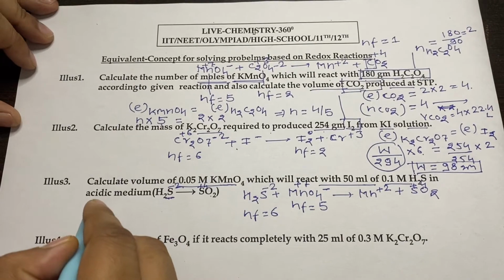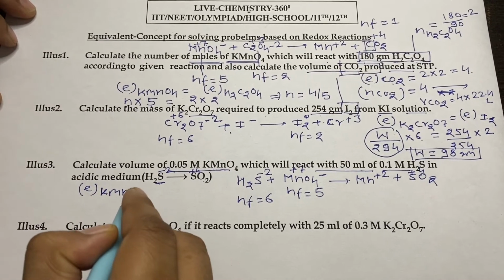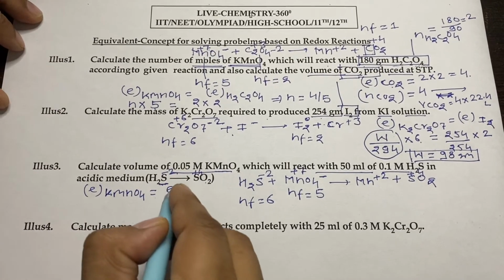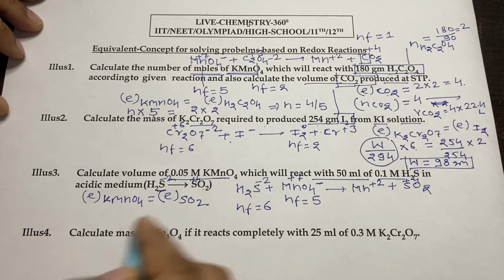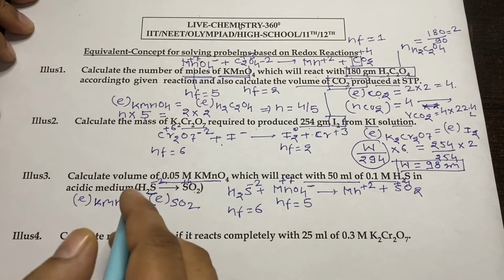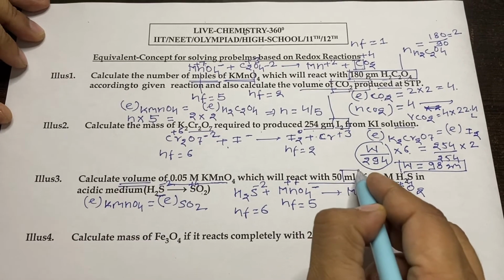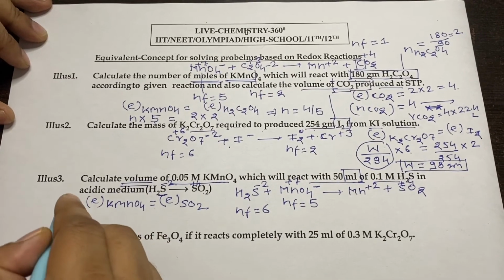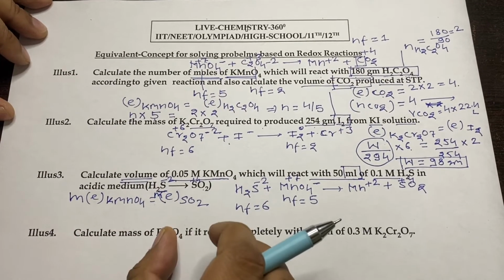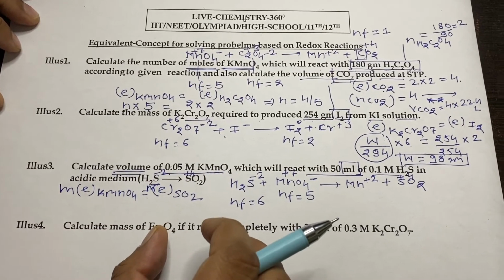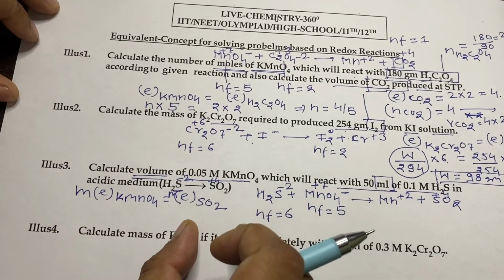So simply we can relate the equivalents of permanganate, that will be equal to the equivalents of sulfur. In this case, it should be noted that we want to calculate the volume, and the volume is given in ml, so definitely we are dealing with milliequivalents. So the milliequivalents of permanganate will be equal to the milliequivalents of sulfur.